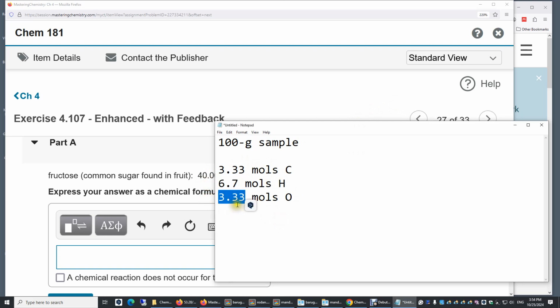What I usually do is compare the three numbers and find the smallest number, which is 3.33. So every single number is divided by 3.33, and I got one carbon, 2 hydrogen, and finally 1 oxygen.